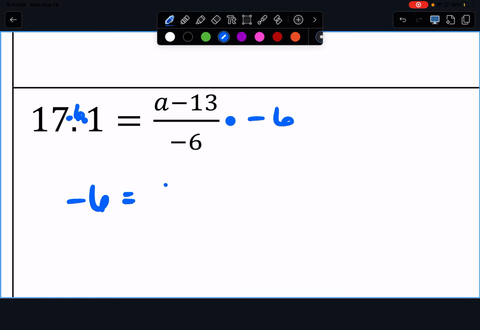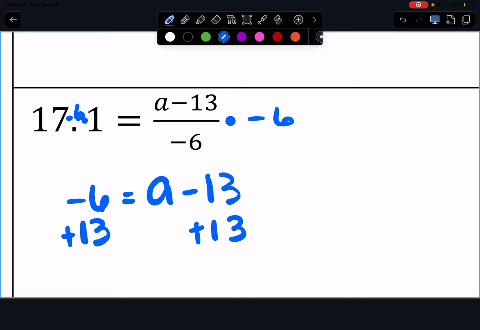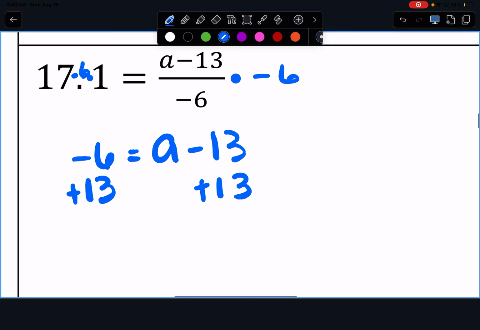All right. Then we have a minus 13. How do I solve that? What is -6 plus 13? 7? Yeah, because 7 plus 7 is 14. So that, yeah. Equals a. All right.